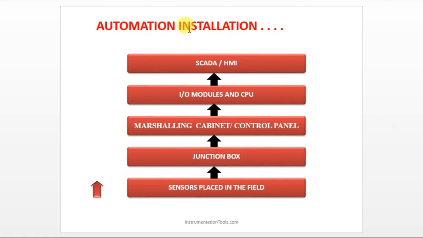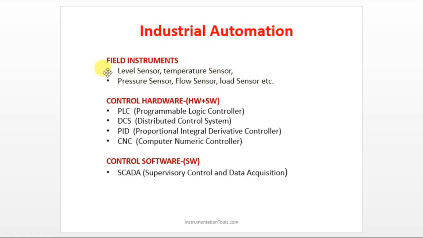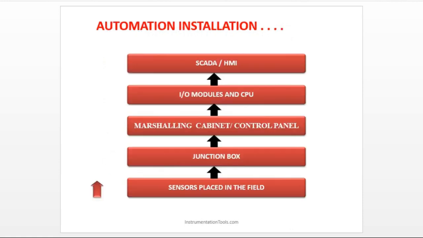So this is again the automation installation procedure. Whatever we have seen in the previous slides, field instruments, control hardware, control software, it will have this flow. A sensor is placed in the field, and all the sensors and wires are connected to the junction box, and we get all the signals from the junction box to the cabinet, where we have our controller and IO modules. From that we get a signal to the SCADA or HMI.